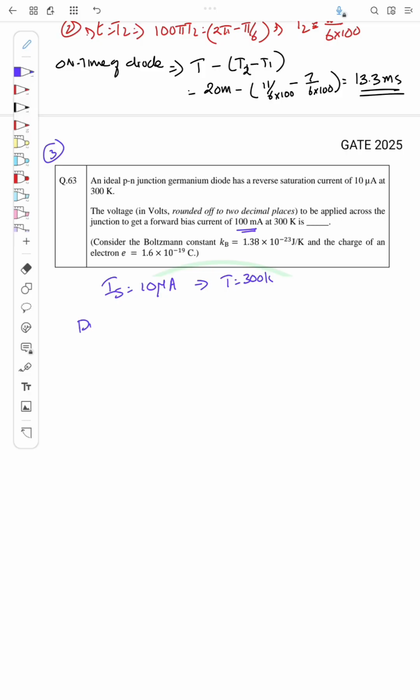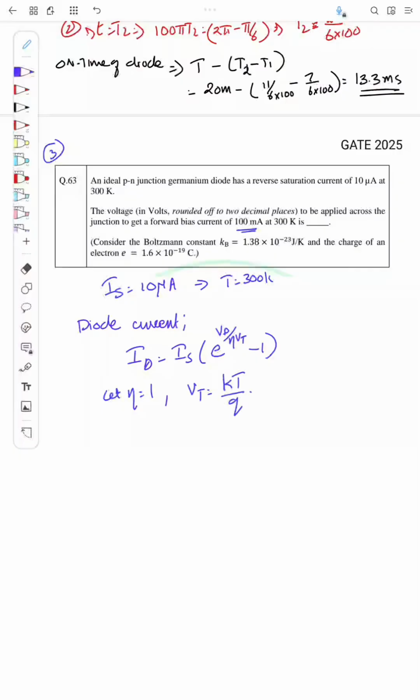So we know the diode current ID is given as IS into e power the voltage across the diode Vd by eta Vt minus 1. Okay, so here IS is given. Let eta be equal to 1 because it's not given here. Vt is the thermal voltage, that is K into T by Q, where K is the Boltzmann's constant, that is 1.38 into 10 power minus 23.